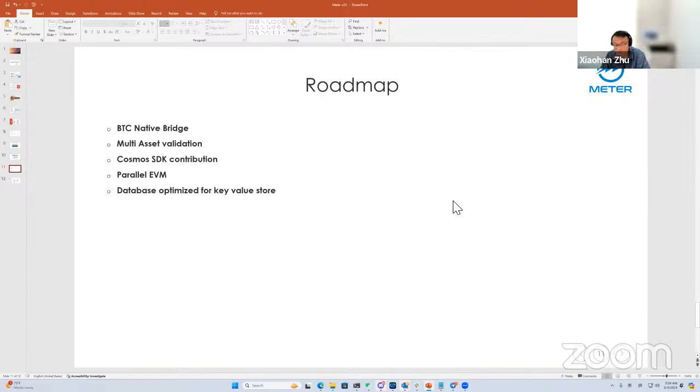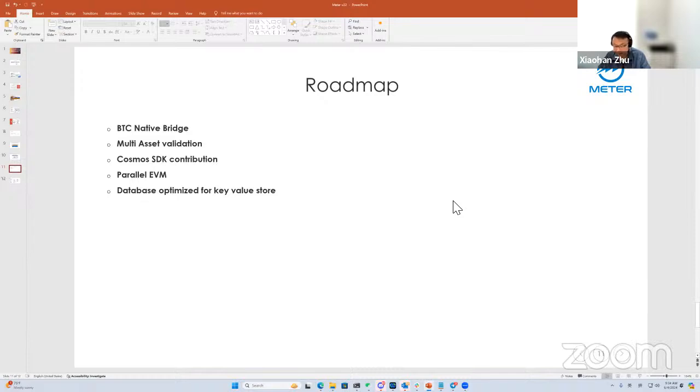And we're also discussing with the Cosmos team to provide an alternative BFT implementation to their Tendermint or Comet BFT implementation using Meter's HotStuff 2. We're working on performance enhancement techniques like parallel EVM. We actually already support some aspect of the parallel EVM in the Meter network.